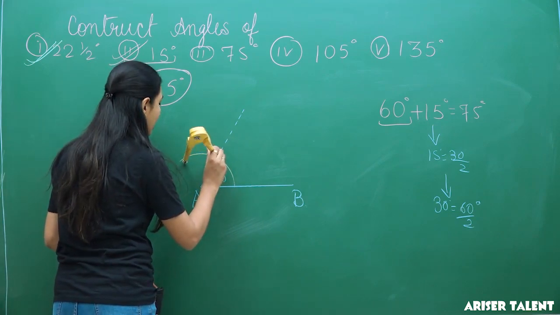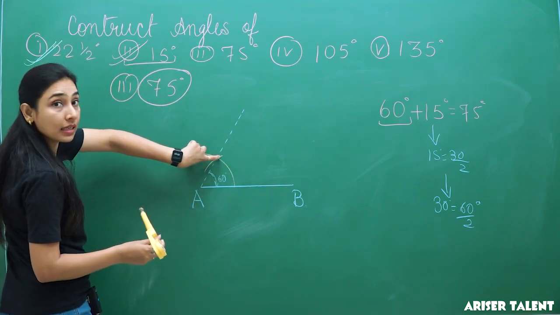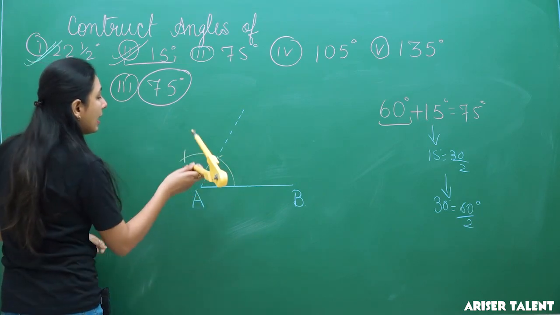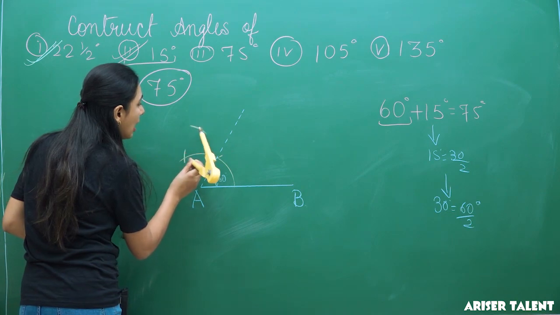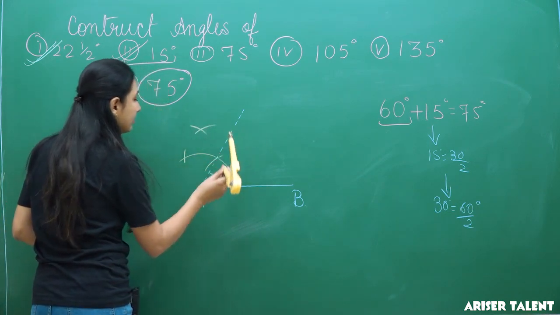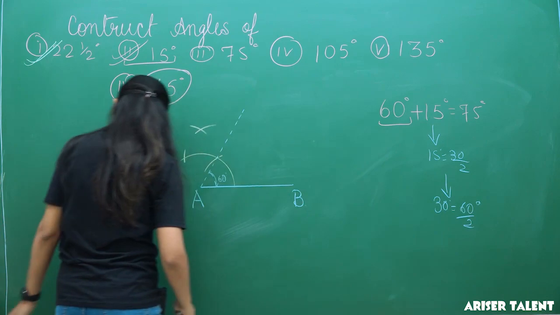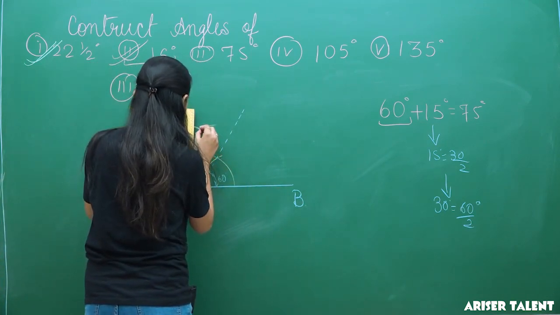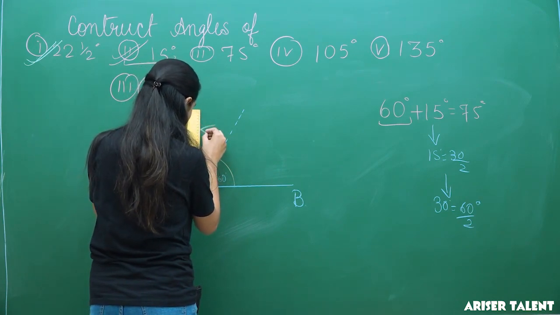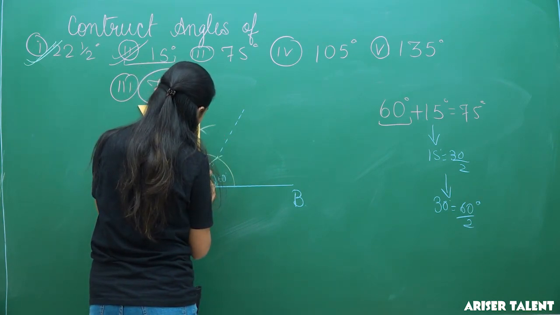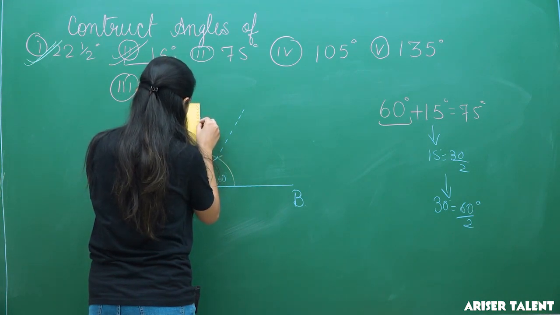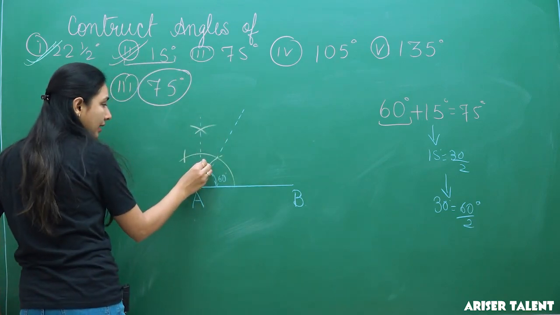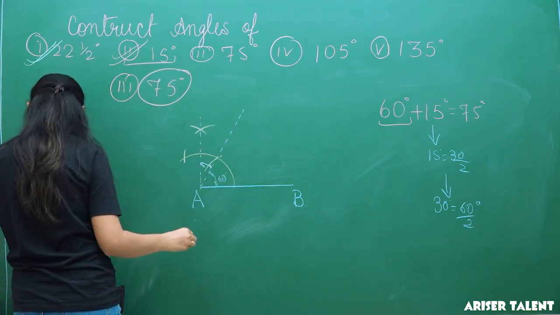So first I have to make 60 degree. This is 60 degree. One arc 60 degree I have told you in the first lecture. Okay, then I will be going to halve it, bisect it. Now, this bisection will lead to this another dashed line, and now this angle is 30 degree.